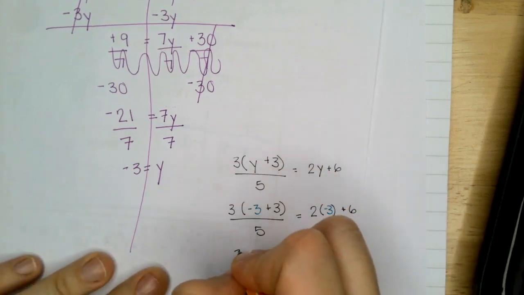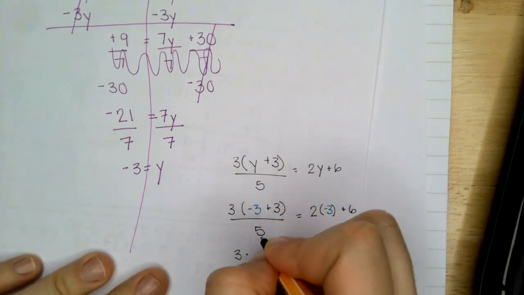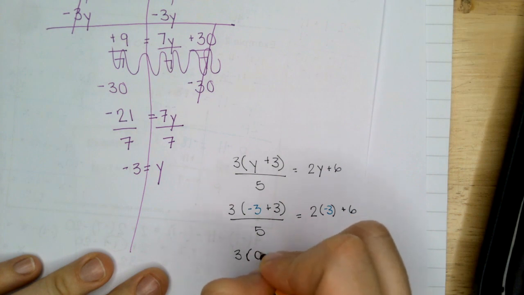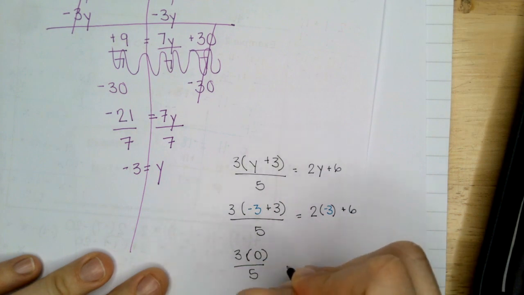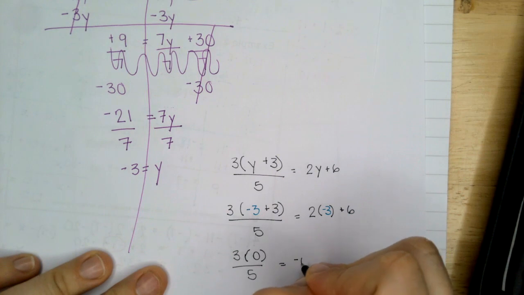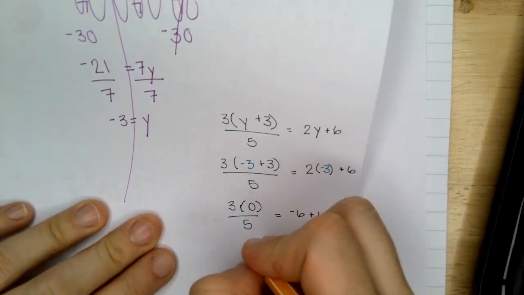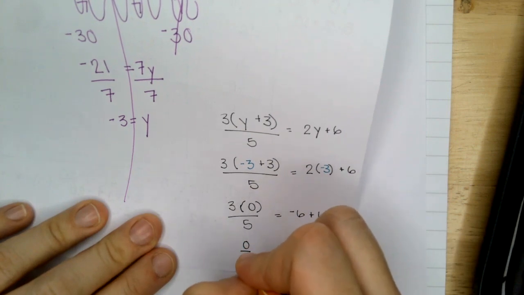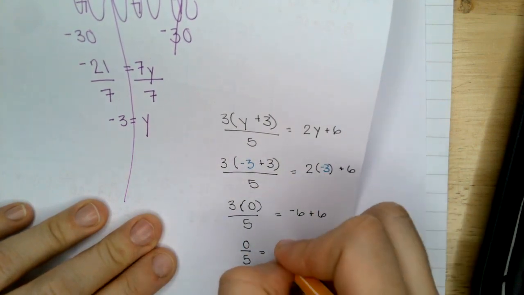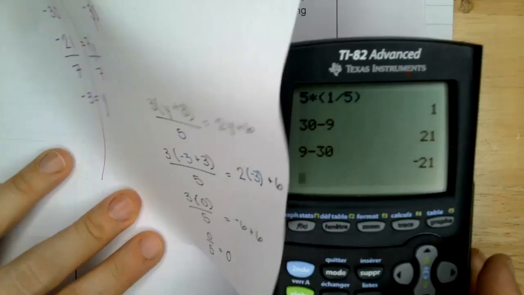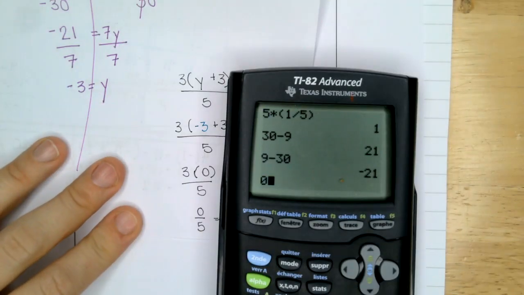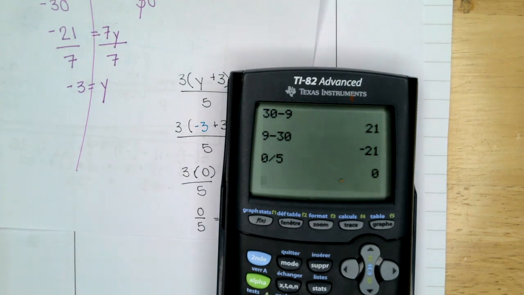So now it's 3 times negative 3 plus 3, which is 0. 3 times 0 divided by 5 equals 2 times negative 3, which is negative 6, plus 6. 3 times 0, anything multiplied by 0 is 0. 0 divided by 5 is 0, and negative 6 plus 6 is also 0.